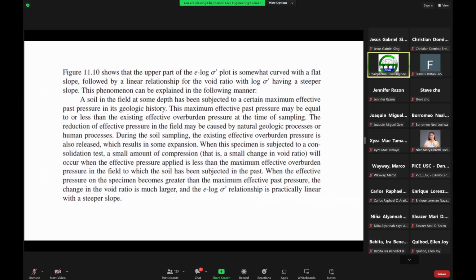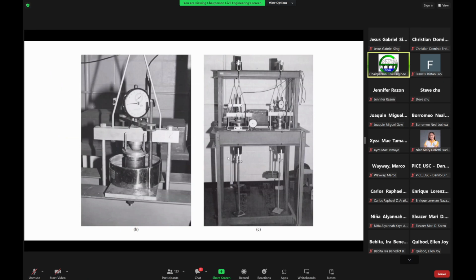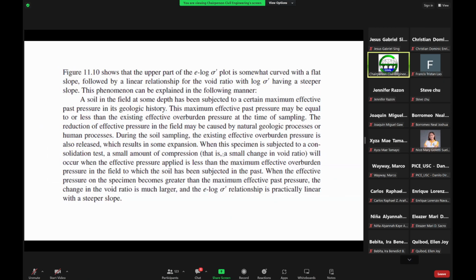Now, when the pressure that you apply during the consolidation test, the effective pressure applied on the soil specimen, becomes greater than the maximum effective past pressure which the soil experienced in the past, then the change in the void ratio is much larger, and the e-log-P relationship would then be practically linear with a steeper slope.